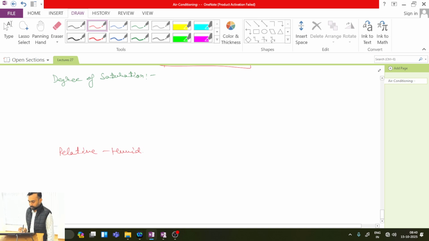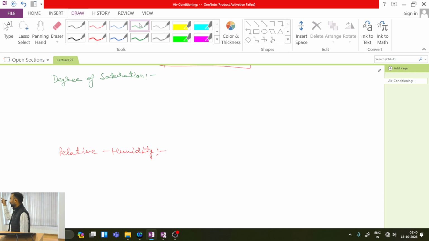Have you seen any weather station screen or weather prediction on your mobile phone? What does it show? RH 90%, RH 50%. So we get relative humidity from there. The measures which explain the capability of the air to hold moisture with reference to the saturated condition are called degree of saturation or relative humidity.